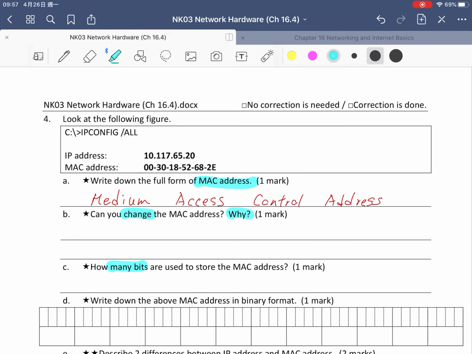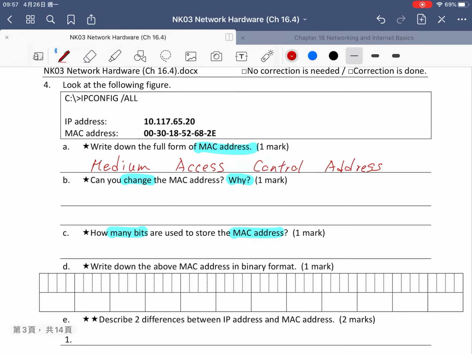So how many bits are used to represent our MAC address? Hexadecimal, 12 digits. In binary, because one hexadecimal digit equals 4 bits, 12 hexadecimal digits equal 48 bits.